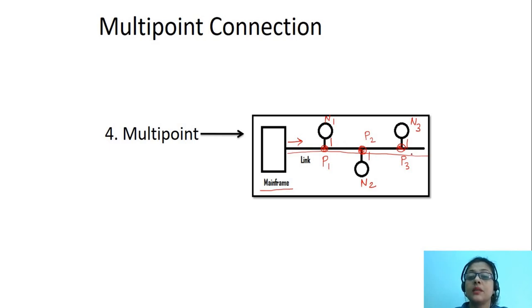This is known as the bus, and there are tapping points through which these nodes get connected. Now, this data coming from the mainframe is reachable to all the nodes that are connected. Now, there is a particular address to which the data is being sent. Now, if the data is intended for node 3, then even though node N1 and N2 receive the data, they can reject it and it can be accepted by node N3.